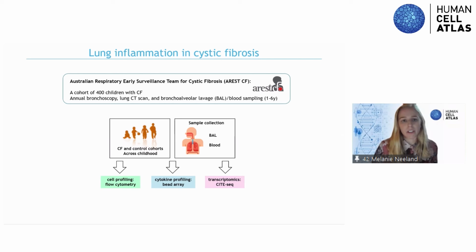They are recruited at diagnosis, and following which they undergo annual bronchoscopies, lung CT scans, and bronchoalveolar lavage and blood sampling from 1 to 6 years inclusive. And so within this program, we collect paired BAL samples to sample the immune cells of the lower airway, as well as blood samples to investigate systemic immunity. And we apply a range of immunological assays to these samples that I'll be talking about today.